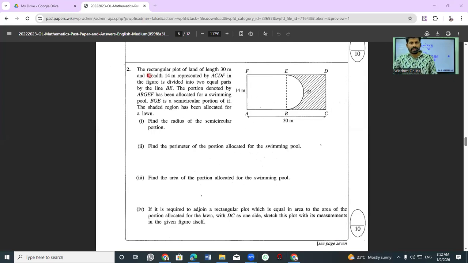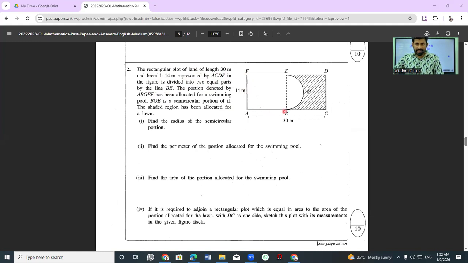The rectangular plot of land, length 30 meters and breadth 14 meters, represented by ACDF in the figure, is divided into two equal parts by the line BE. This one equals 14 meters.